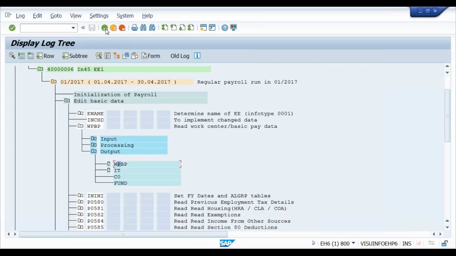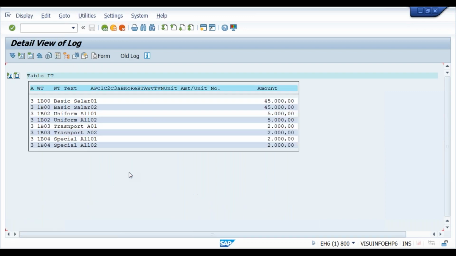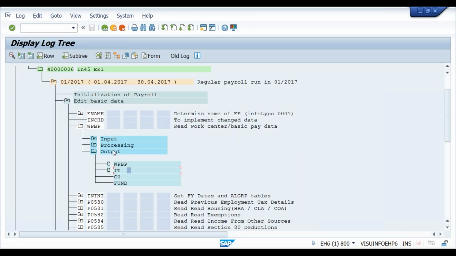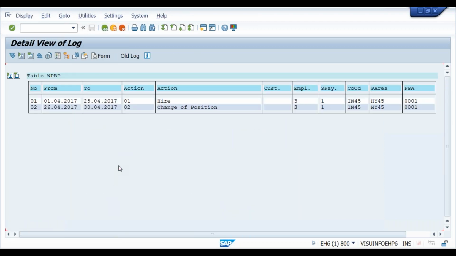You can consider this a kind of link between the IT table and the WPBP table. Clear?